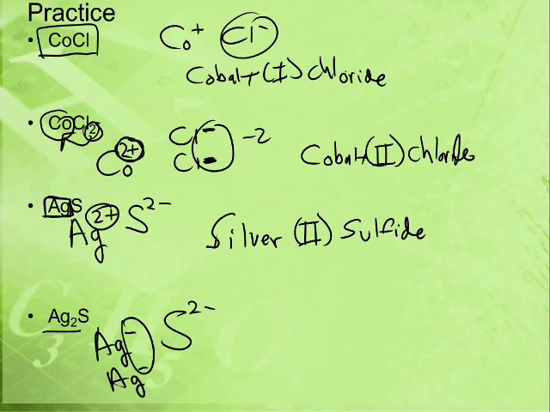You have to balance it out. So if it's a charge of 1 minus, it's silver 1 sulfide.